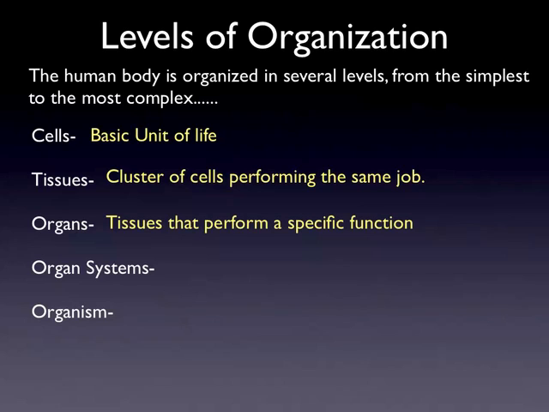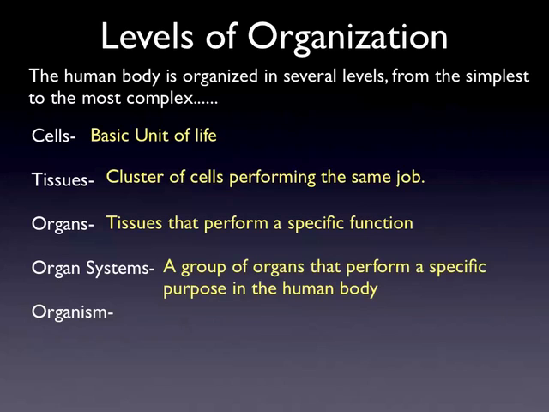A group of organs working together to complete some function are an organ system. All of our organ systems combined form an entire living human, an organism. So let's review. Cell, tissue, organ, organ system, organism. These are the levels of organization.